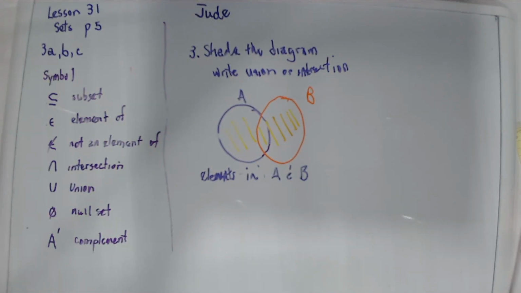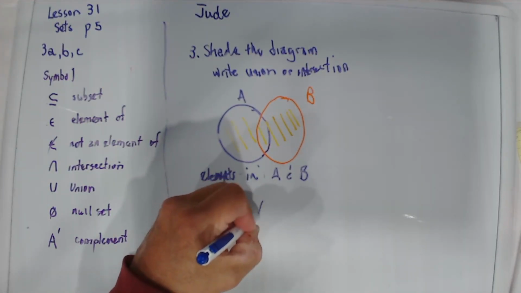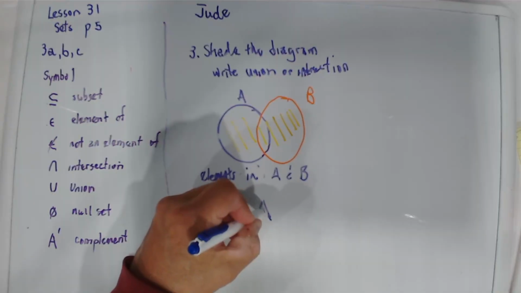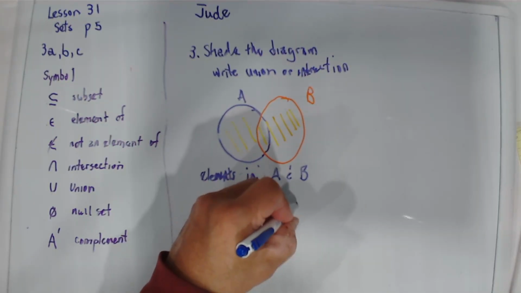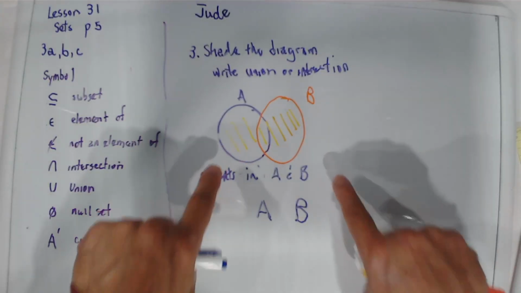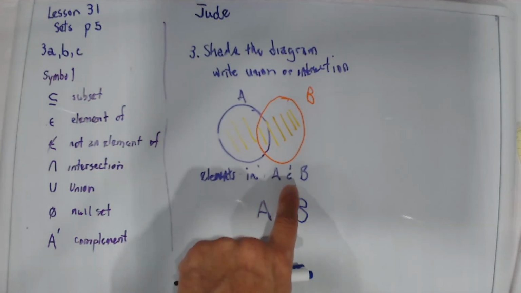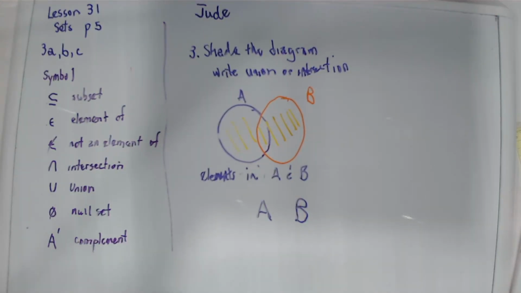So when we're writing that, we have elements in A and we have elements in B here. So when we're talking about the set of elements that are in A or in B, what does that look like?